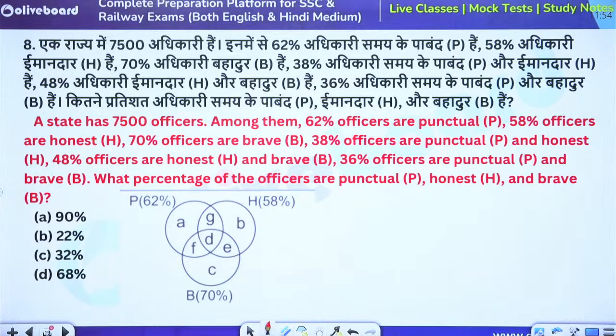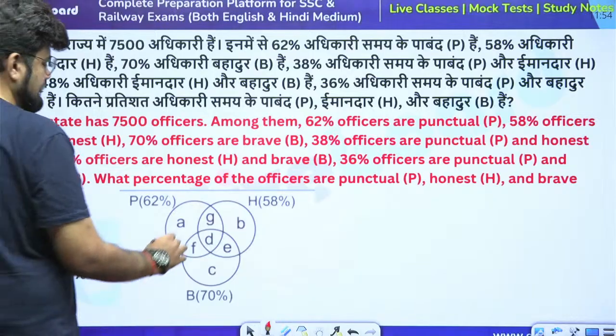They are asking to find the value of D basically. 38% are punctual and honest. 48% are honest and brave. If it's in percentage, let's keep it like this only, no? 38 are punctual and honest.